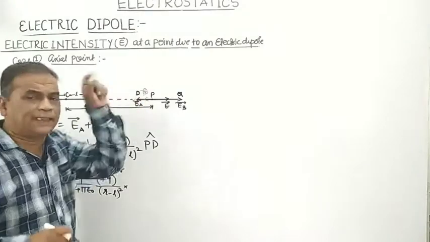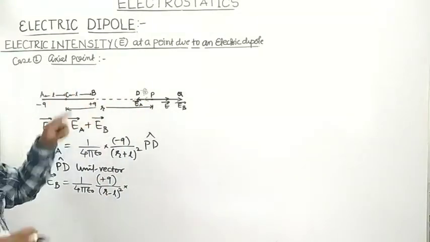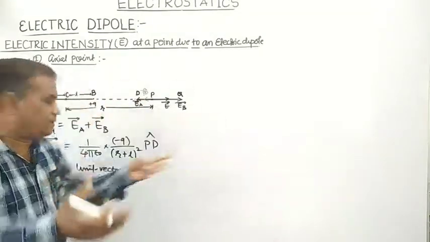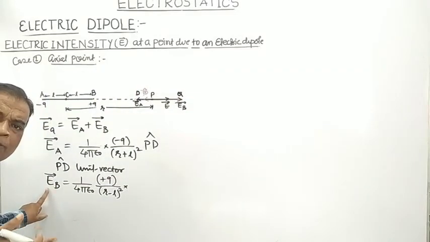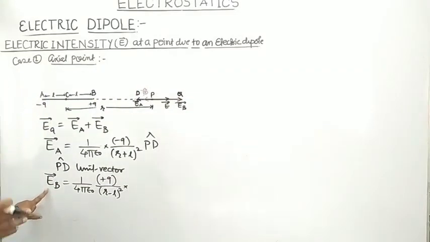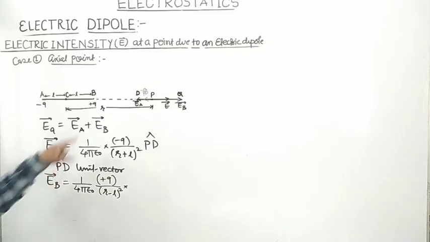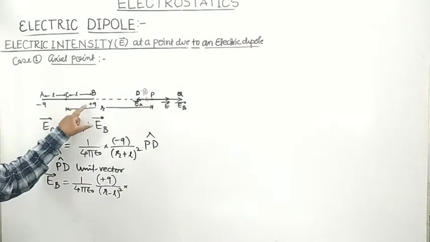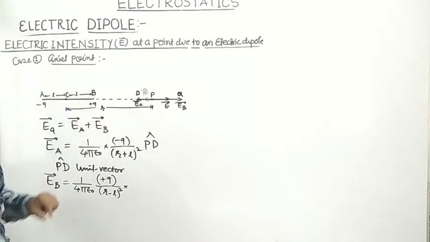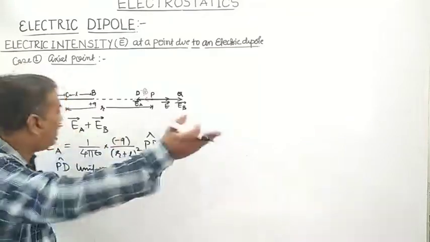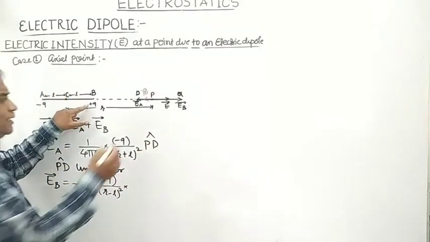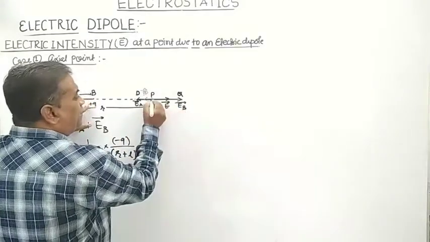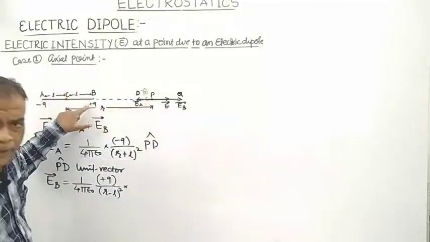Now, the electric intensity at point P due to positive charge. How is the direction of that electric field intensity? Electric field intensity at point P due to charge plus Q at point B must be directed away from that positive charge. So, that is why this EB at point P is shown away.